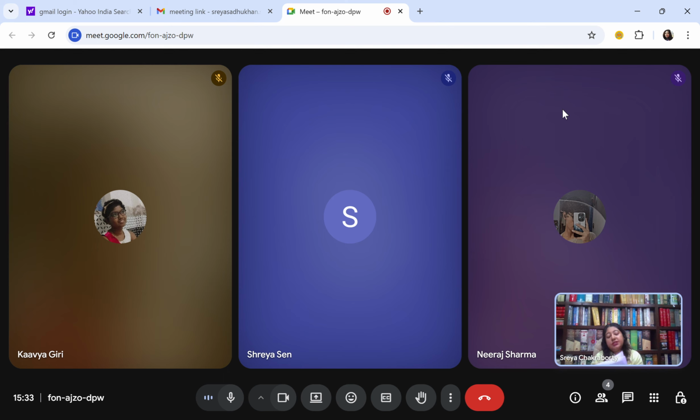So the next question is actually about time management. Should we skim and scan? Won't that reduce accuracy? So this is about how you are actually going to have a scrutiny over the given passage.